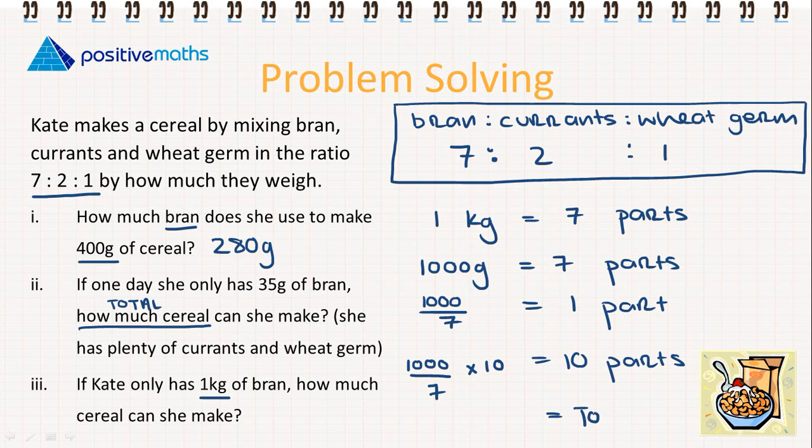So what we get then for our total is 1428.57 when I round to 2 decimal places, and that's grams. So if she has 1 kilo of bran, she can make 1,428.57 grams, sorry. That's the amount of cereal she can make.